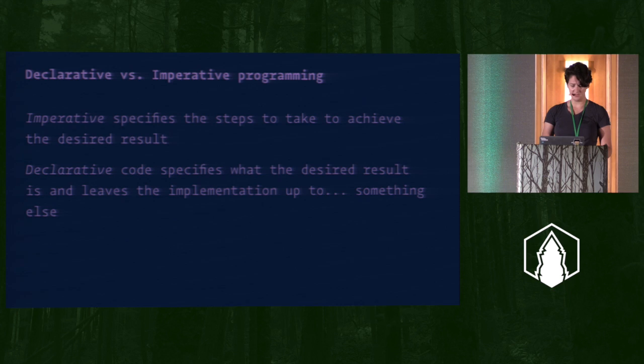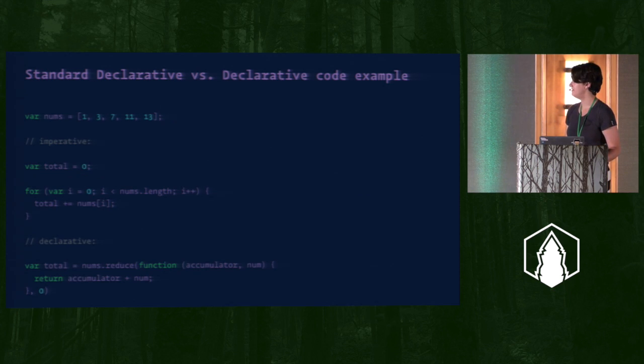The standard example given for declarative versus imperative, I don't know if you can see that, is adding up the values in an array. The imperative way to do that would be your standard for loop, where you're explicitly creating a variable that starts at 0 and adding each time. The more declarative way of doing that would be to use something like an array reduce method.